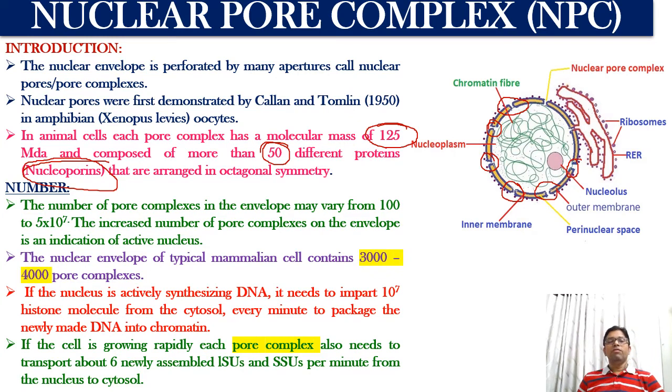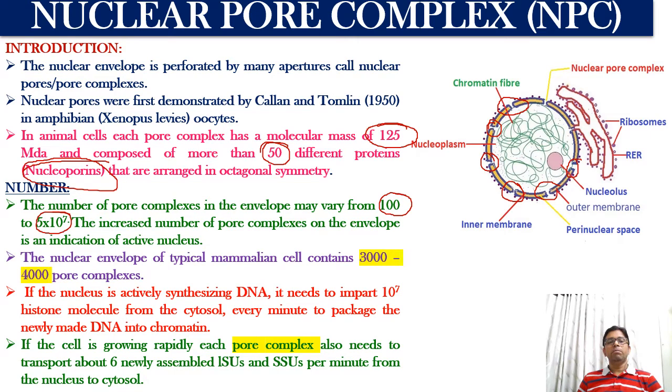Coming to the number of pore complexes. The number of pore complexes in the nuclear envelope may vary from 100 to 5 into 10 to the power of 7. There is great variation in the number of nuclear pore complexes in the nuclear envelope.